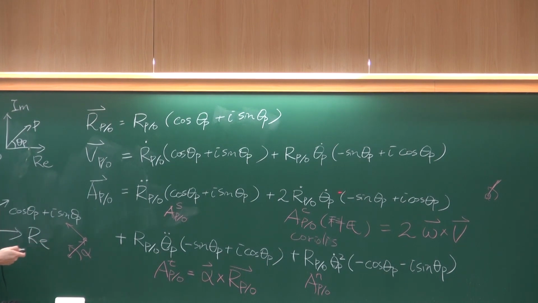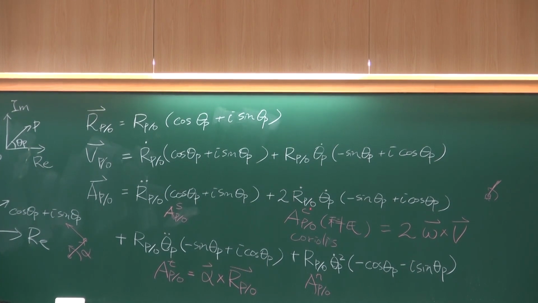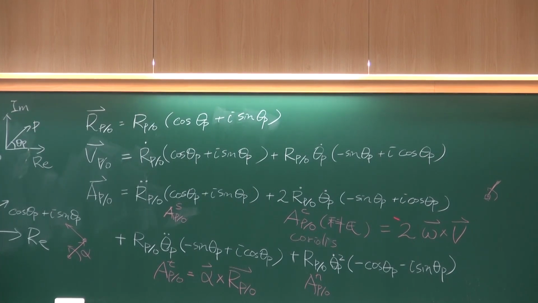And if you pay attention to these two, this R dot can be represented as a linear velocity, because the length is changing, so it's not related to omega. It's about a linear velocity. So if you represent this one in vector form, it's vector V. And this theta P dot is related to the omega vector.